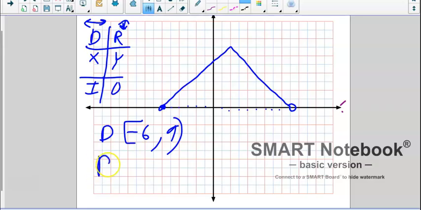And then the range, how low does it go? Well, it hits 0. And how high does it go? Up here, 1, 2, 3, 4, 5, 6, 7. Whoops. And that should be a bracket because it does hit there. There's a point there. So again, domain is left and right, and range is up and down.